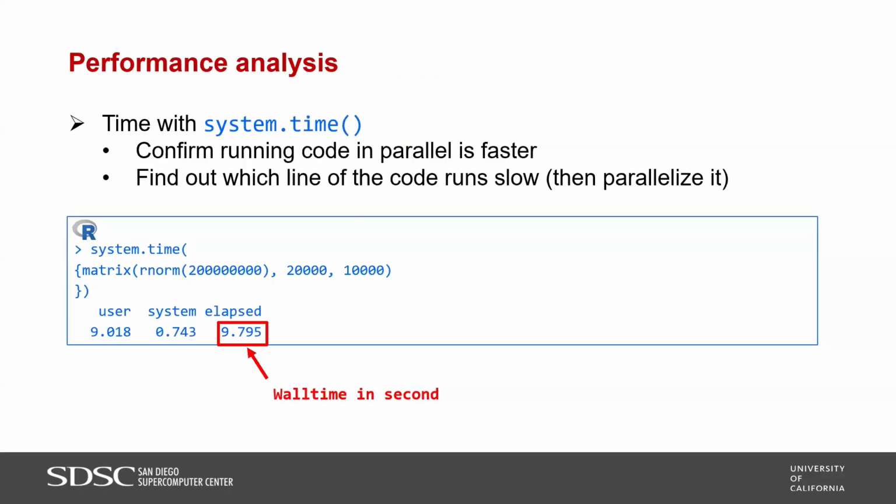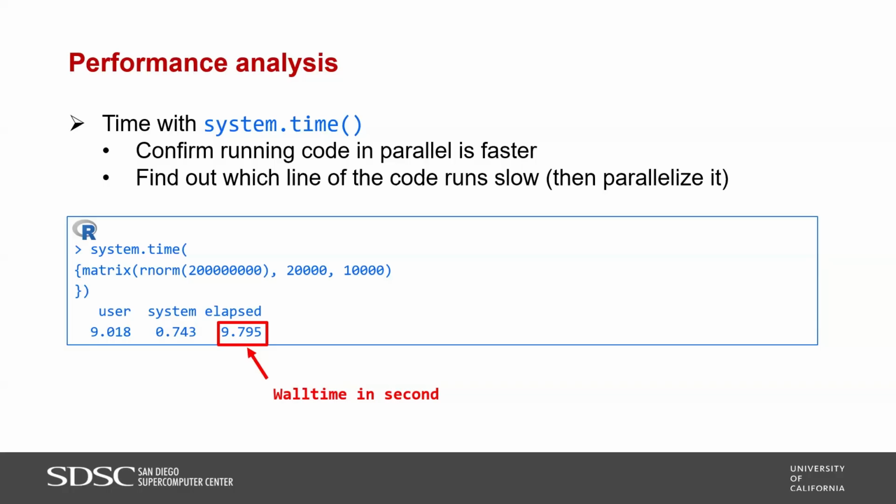So in R, we use the system.time function to evaluate how much time a function may take, to confirm that running code in parallel is indeed faster than running in serial. And you can also use this function to find out which line of your code runs slow, because the system.time function can be used to time every function in your R script.